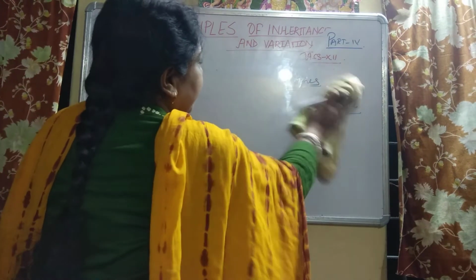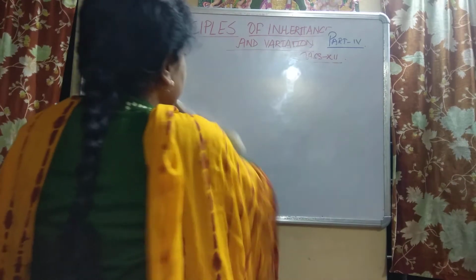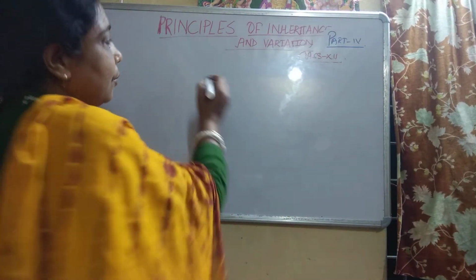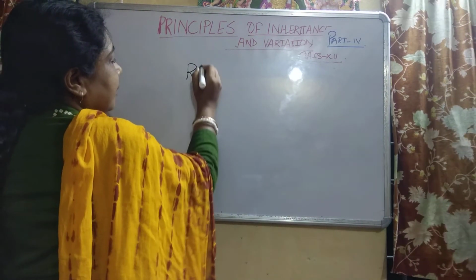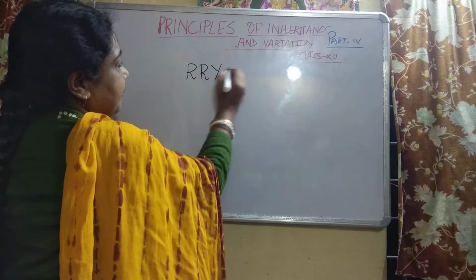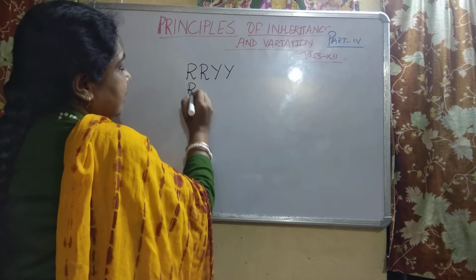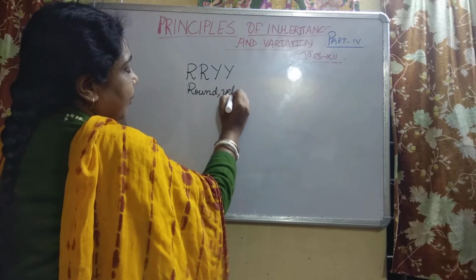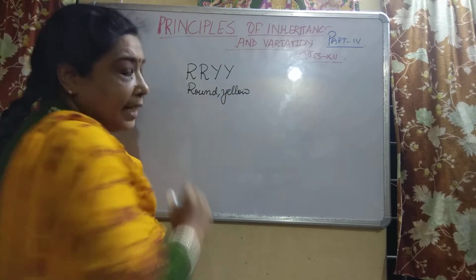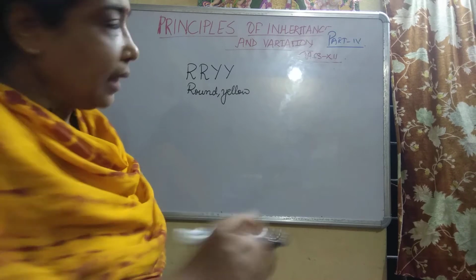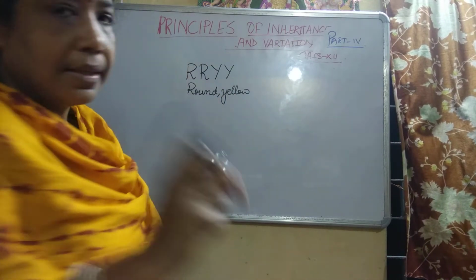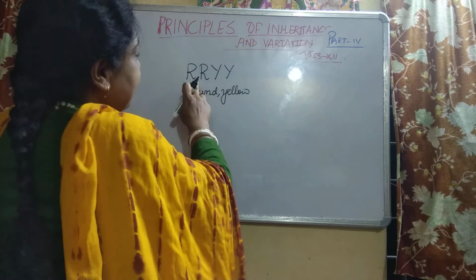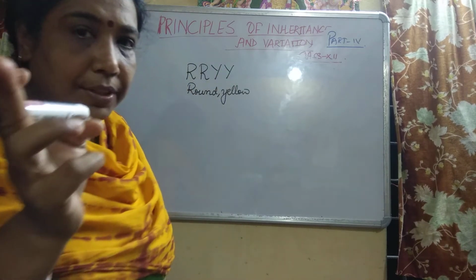So, what did Mendel do? First of all, he took 2 traits. This is representing round yellow seeds of pea. He took 2 characters, and I am writing them in capital letters because you have learnt the 7 pairs of contrasting characters.